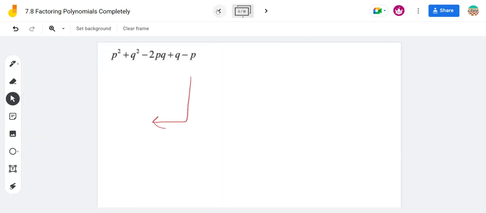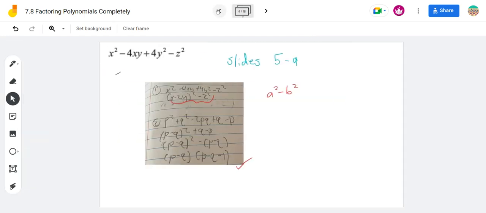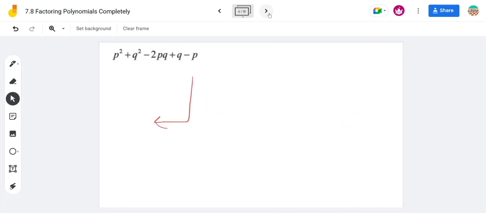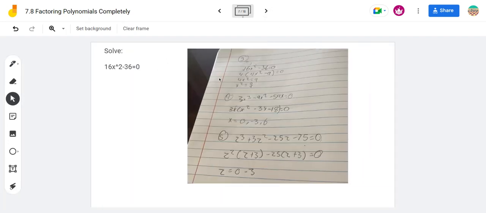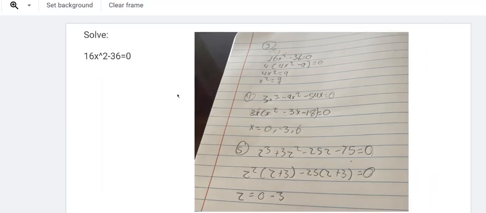So for this one, you factor out a 4, and then you have 4x squared minus 9.